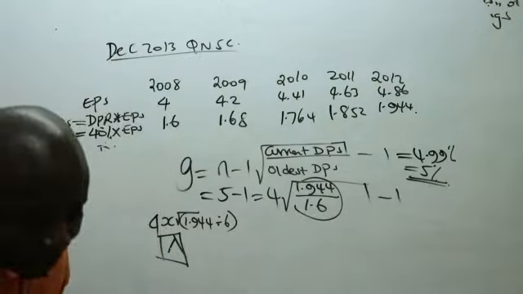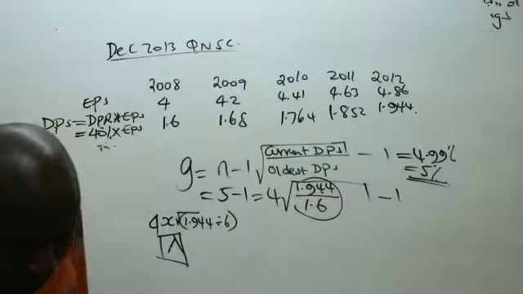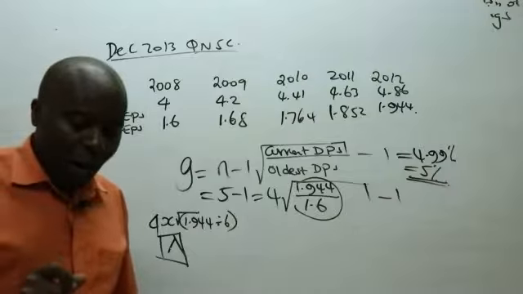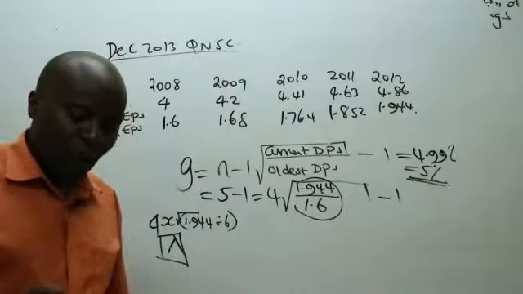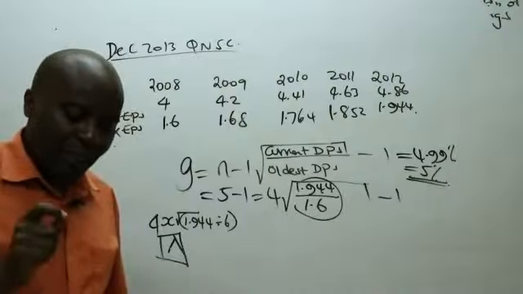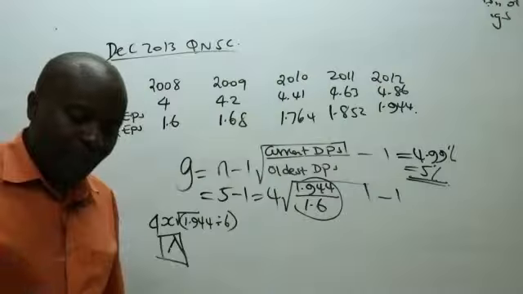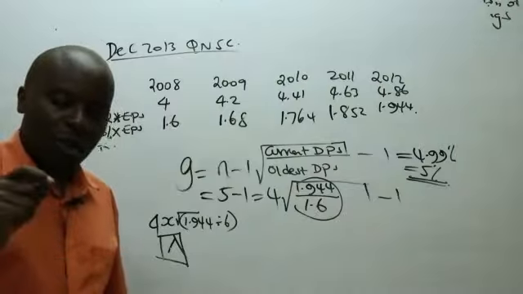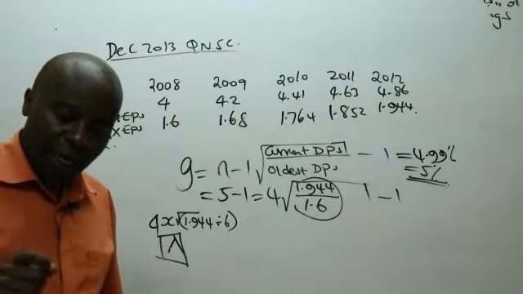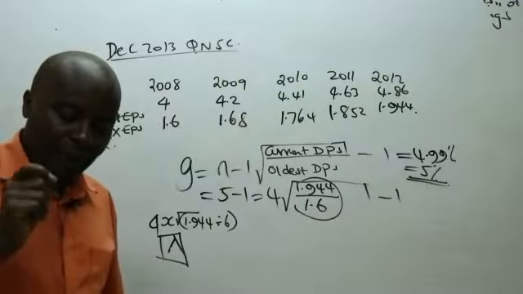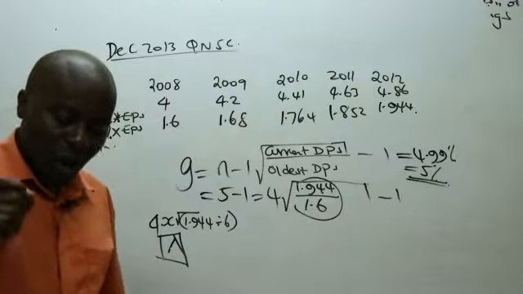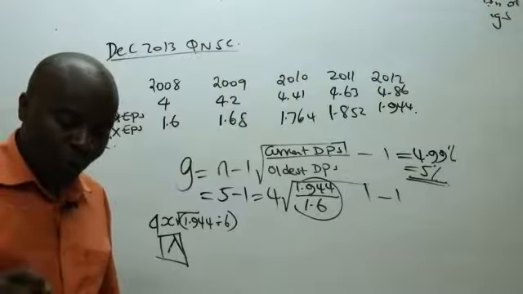Now, ladies and gentlemen, the moment I have that figure of 5%, I know I'm at home. If you read the requirement, they want us to give them the company's theoretical value of the share.